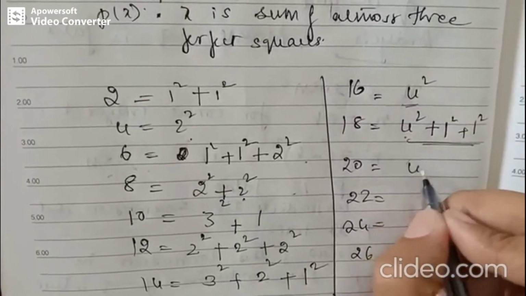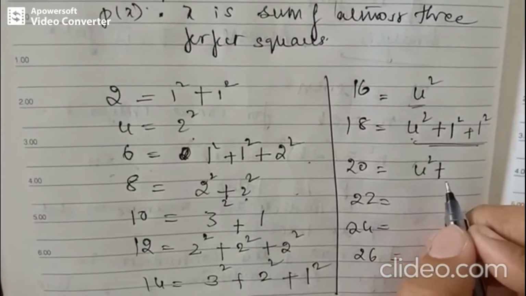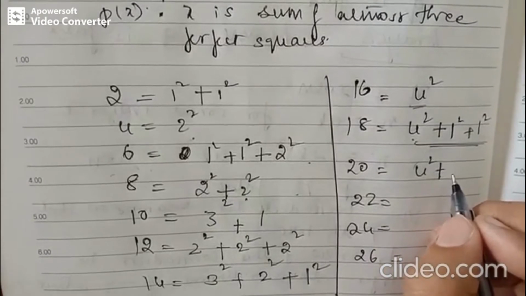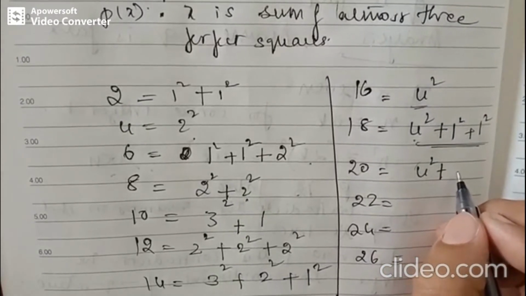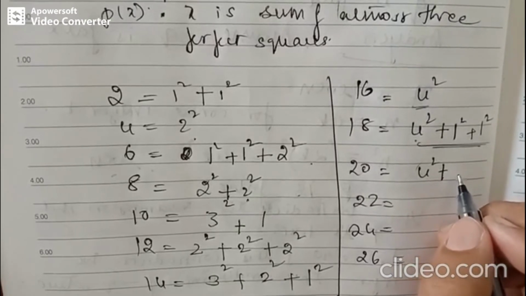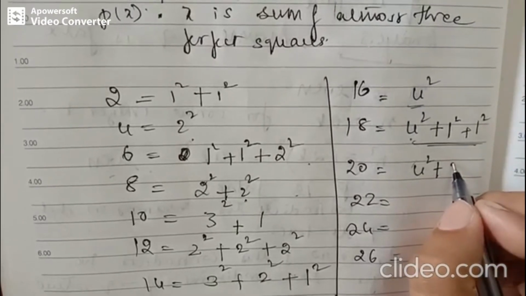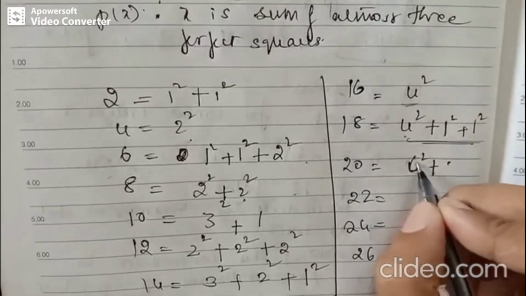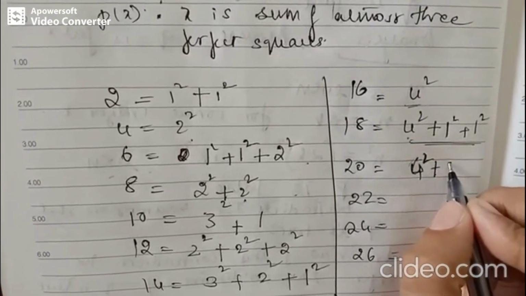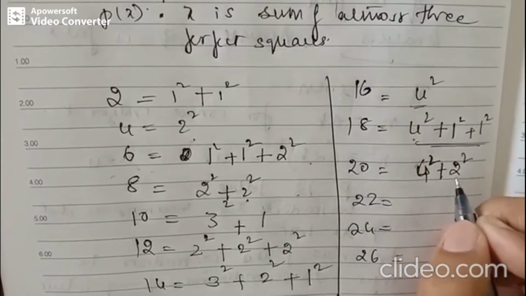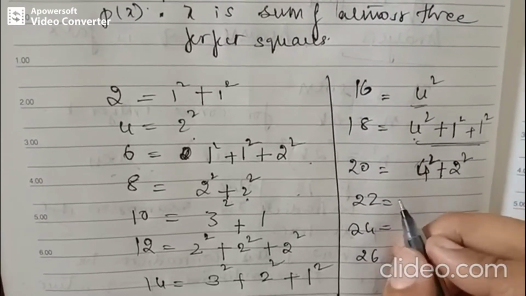Next, 20 can be written as 4 square plus, so sorry, this is actually 16, right? See, this is 16 plus, and with 16 you require 4, that is 2 square.